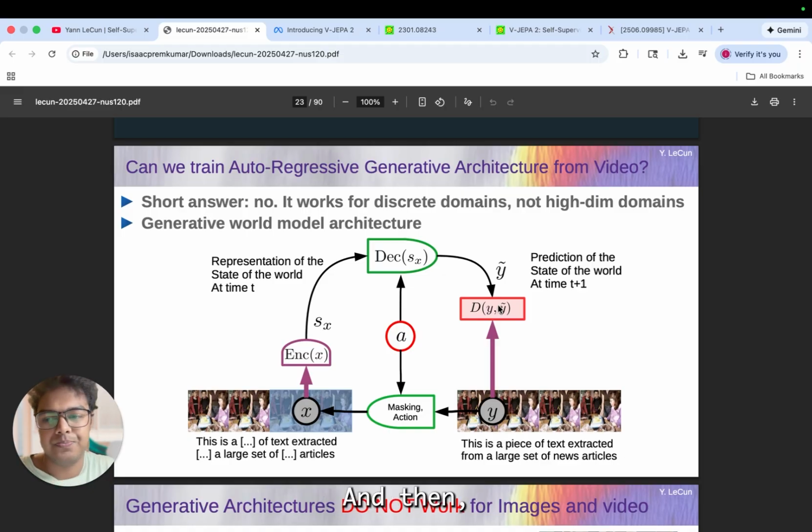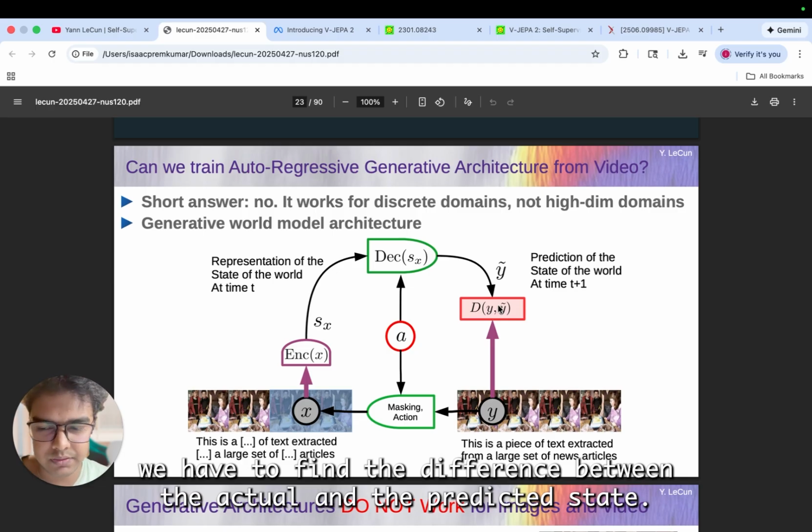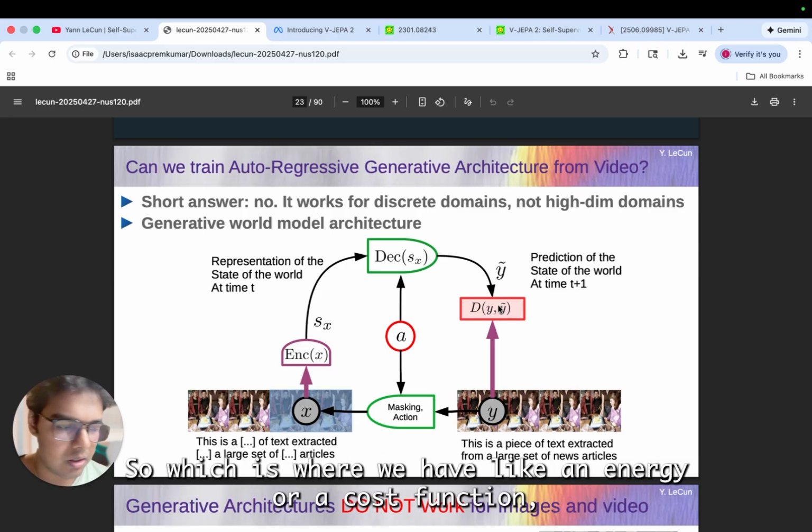And then we have to find the difference between the actual and the predicted state, which is where we have an energy or a cost function.